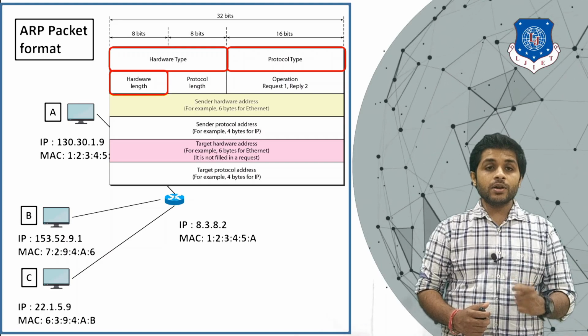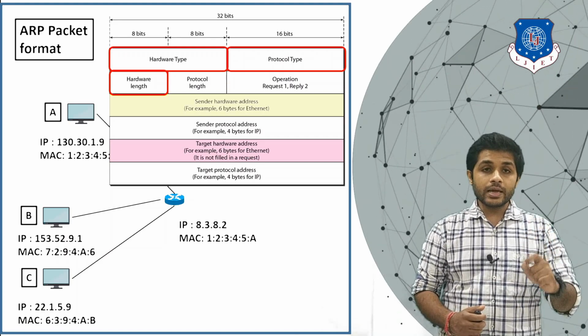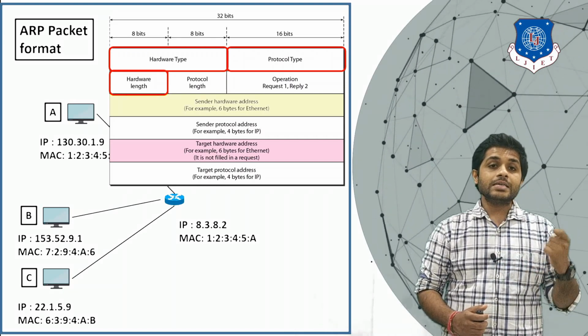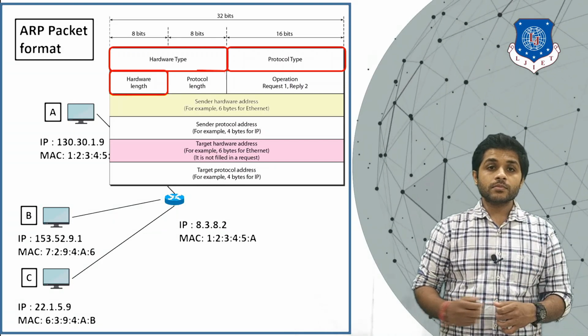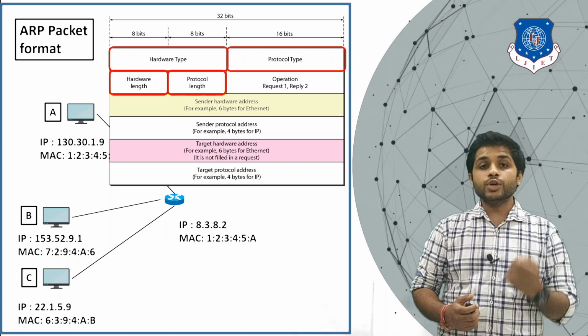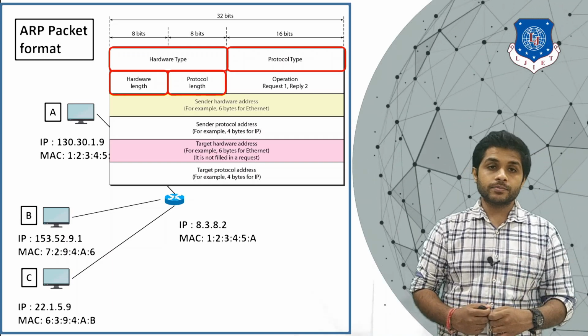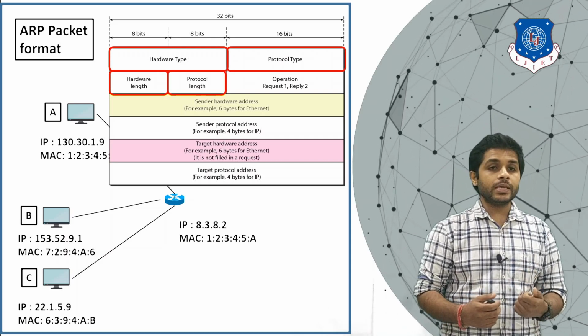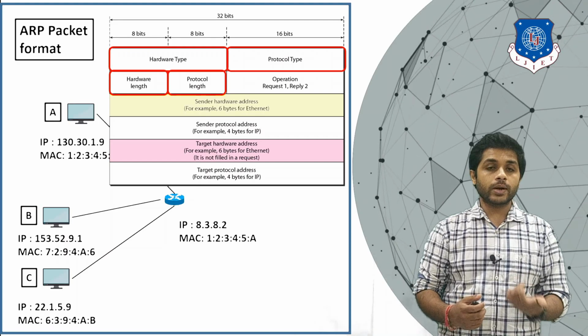For example, the hardware length will tell you the length of the address in the Ethernet layer. Then there is protocol length, meaning the length of the address which is used in the network layer. There are only two options. It can be 32 bits or 128 bits.